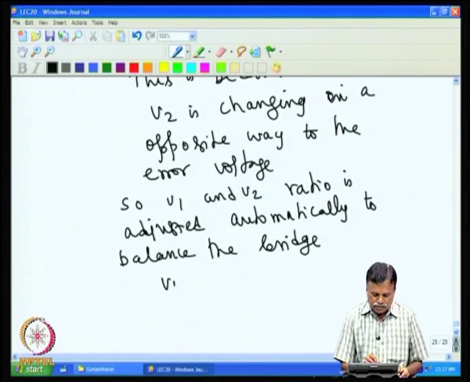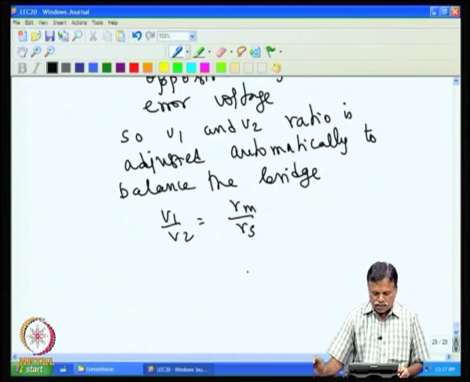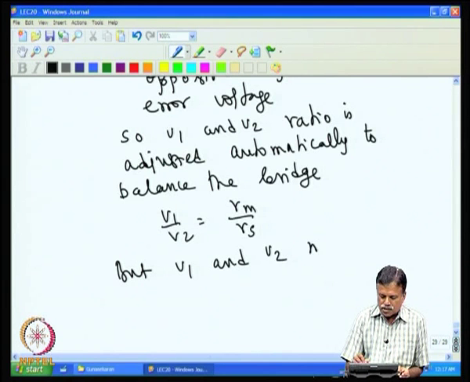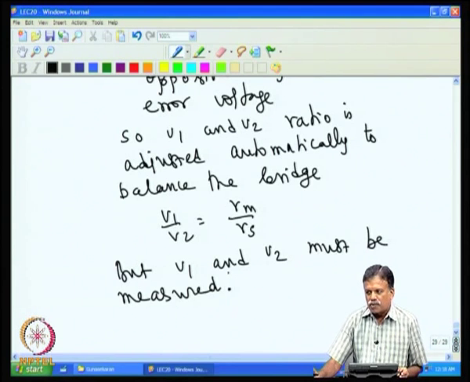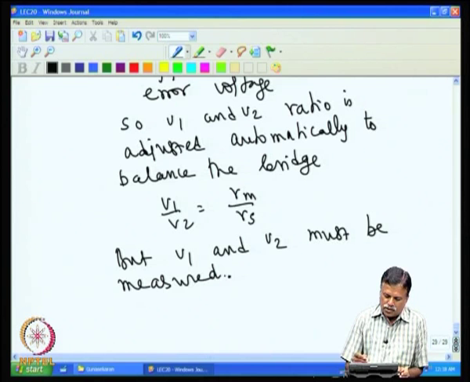Then one can find V1 by V2 will be equal to Rm by Rs. But V1 and V2 must be measured, which was not there in the case of the ratio transformer. The error in V1 and V2 will be added to the measurement error.